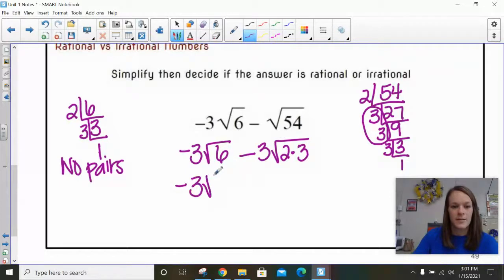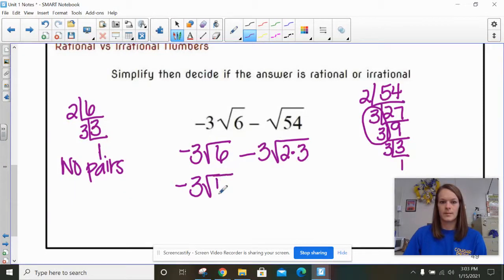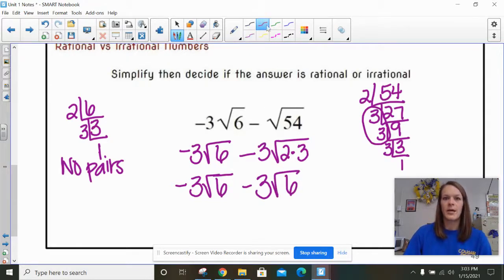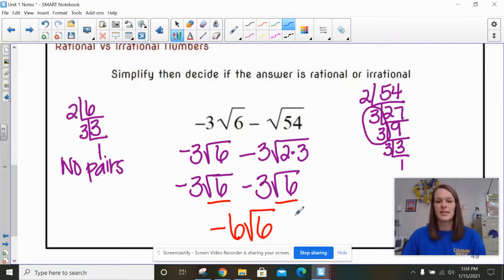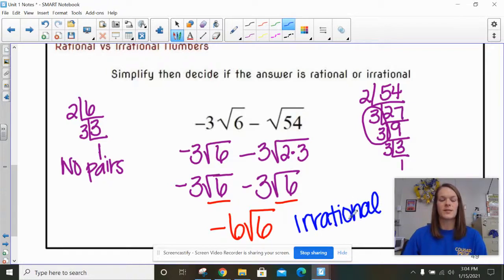So this is -3 radical 6. Now, since these both have a radical with a 6 in it, you can add the numbers in the front. It'll be -6 radical 6. And that final answer here is irrational. So you have to simplify to figure out if it is rational or irrational.